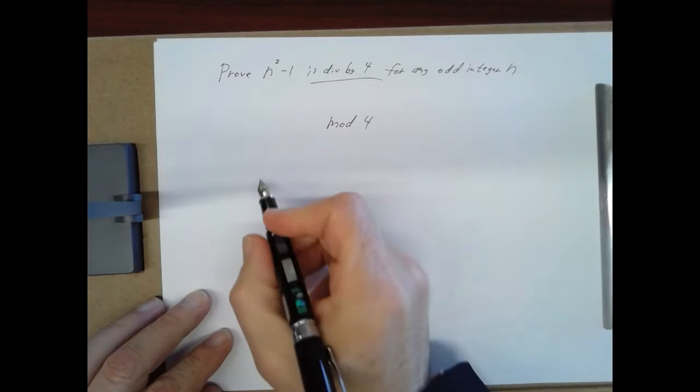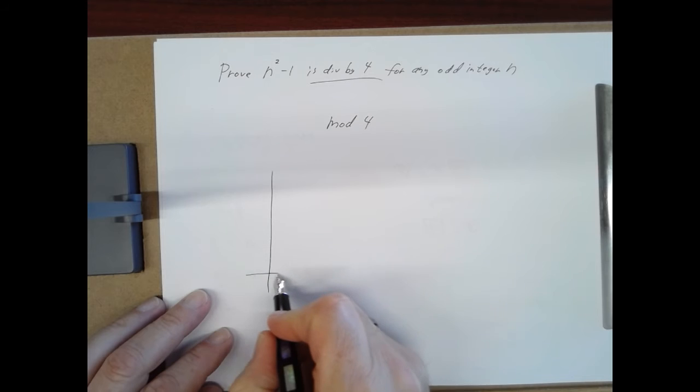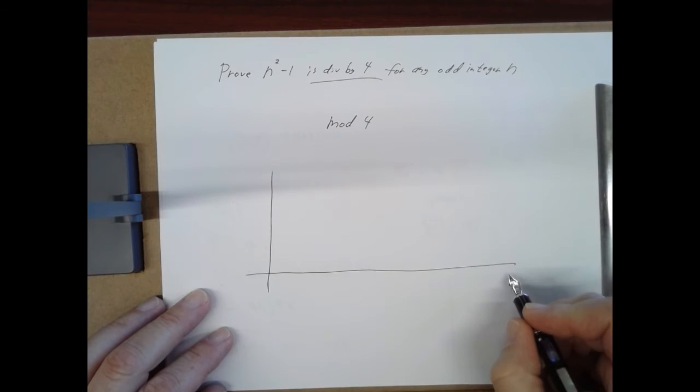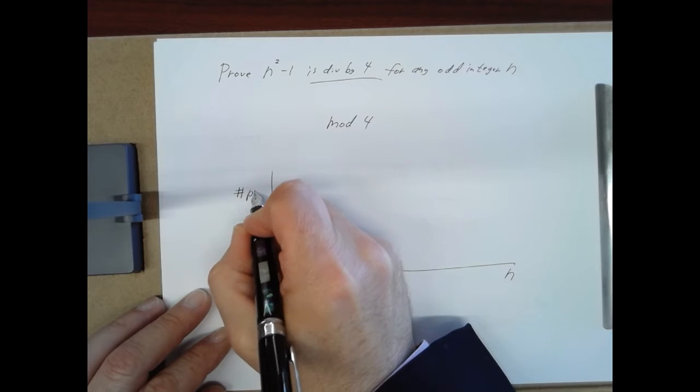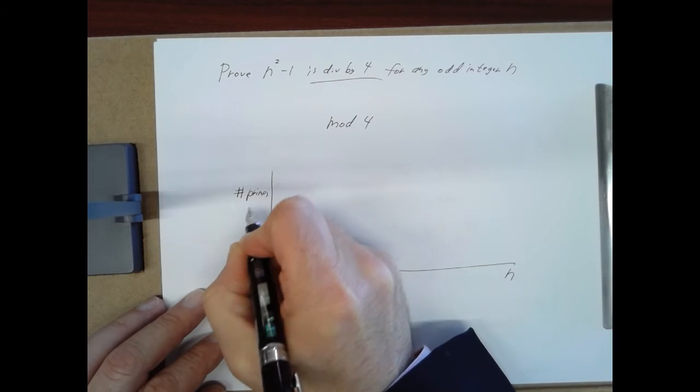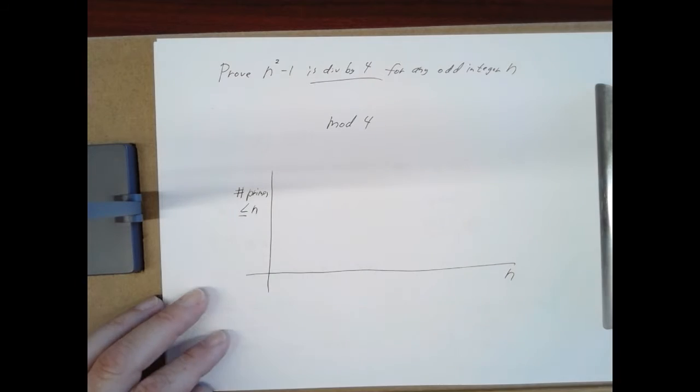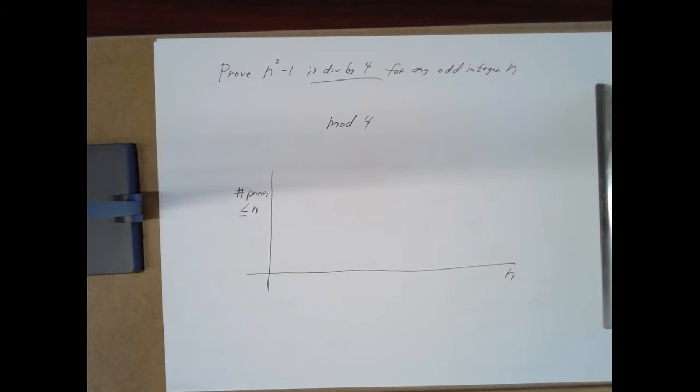And we talked a little bit about density of primes. So if we were to make a graph where we have n along the x-axis and the number of primes less than or equal to n on the y-axis, what kind of shape might we expect this graph to have? How many primes are there less than or equal to some number n?